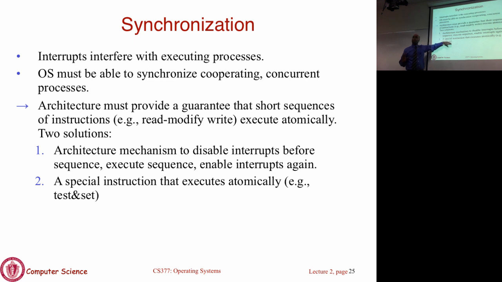The one we want to look at is the test and set instruction, also referred to as an atomic instruction. You can atomically check a value and set it in a single instruction. Typically, you can check in one instruction and set in another, but test and set can do both atomically in one single instruction.